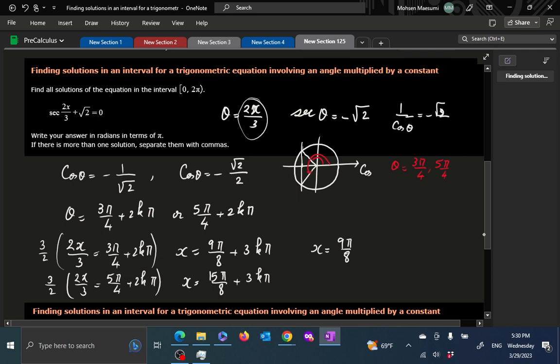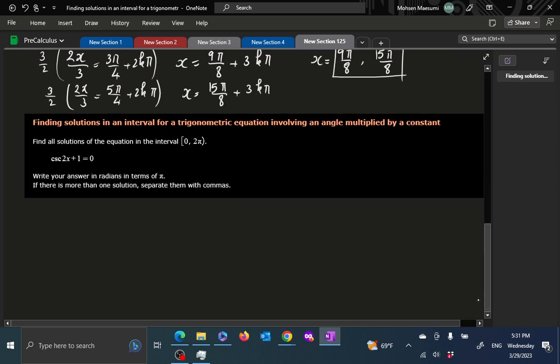Here, if k is 0, I get one answer, which is 15 pi over 8. If we add to it, we are going to exceed our range. If we subtract 3 pi, we are going to get a negative value, and that is not in the range that we want. So these are the two answers that are left for us.